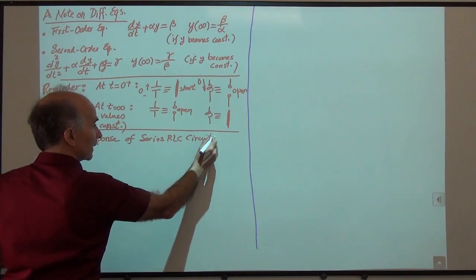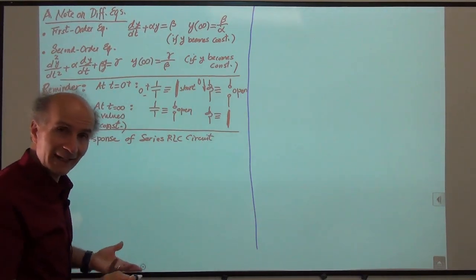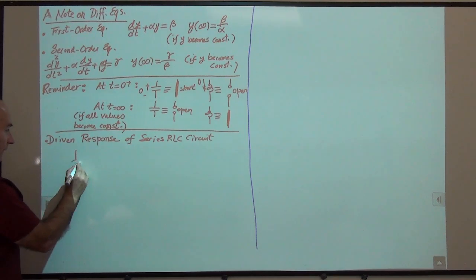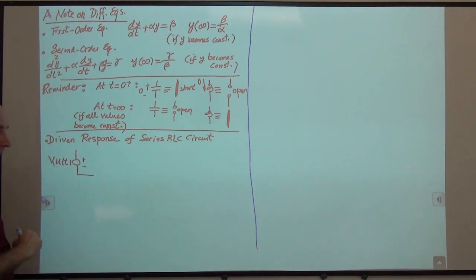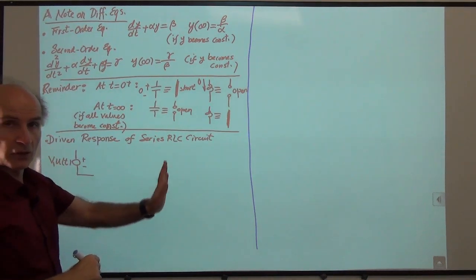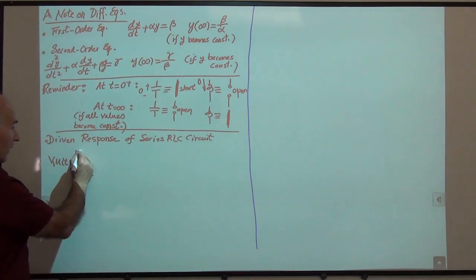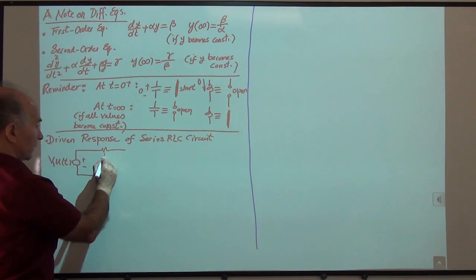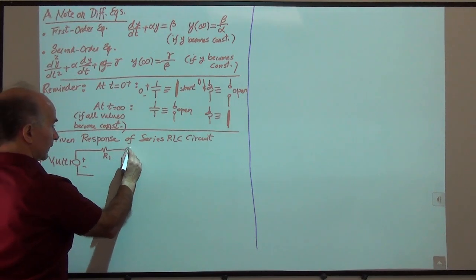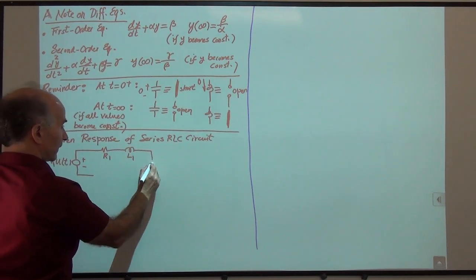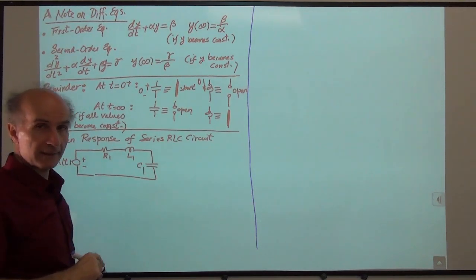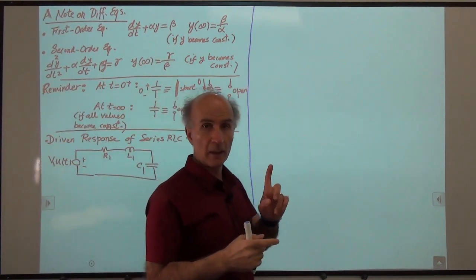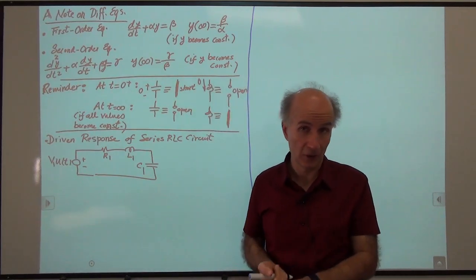We have an input. The input can be anything we want. Let's say it's a step. So we have a step here of value V1 u of t. So it's 0, and at time 0 jumps to V1. And then we have a resistor, an inductor, and a capacitor all in series. And let's say the initial conditions on the capacitor and the inductor are 0.